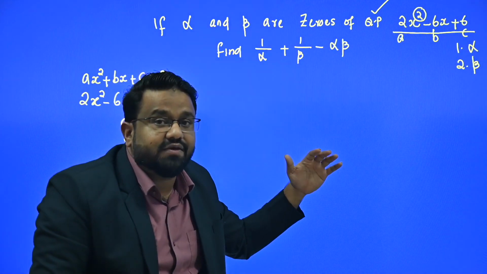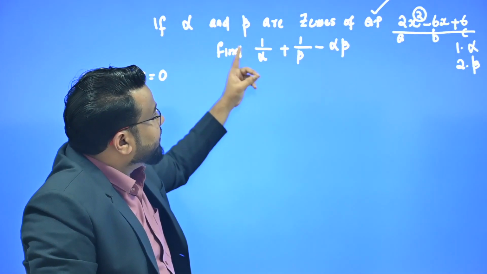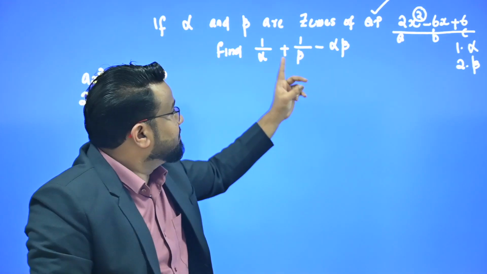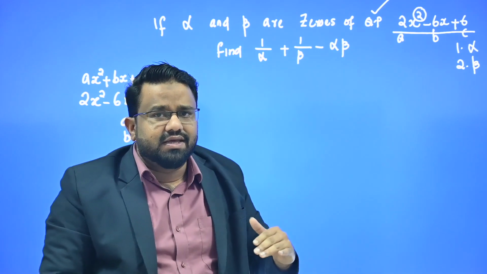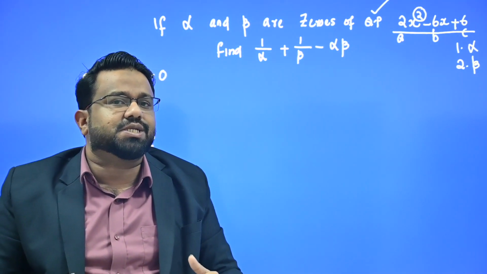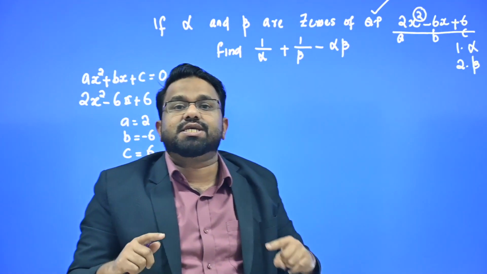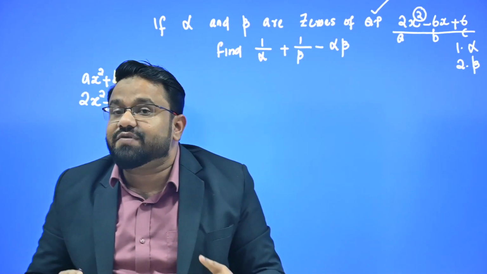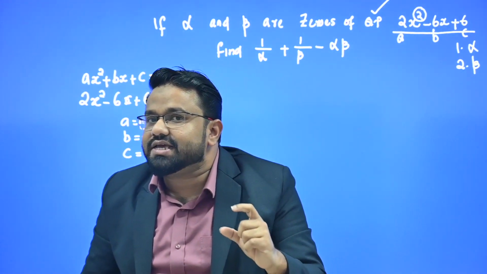It is a very important question from the exam point of view. Your aim is to find the value of 1 by alpha plus 1 by beta minus alpha into beta. There is a very important equation in this chapter: the relationship between zeros and coefficients of the quadratic polynomial. Very important and very easy.